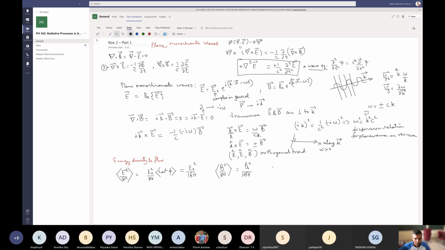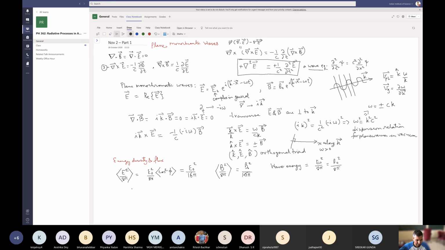The average wave energy, and this average is almost always implied because the wave oscillates very fast, is E naught squared by 8 pi, where E naught is the electric field amplitude, which equals the magnetic field amplitude. This is also equal to B naught squared by 8 pi.